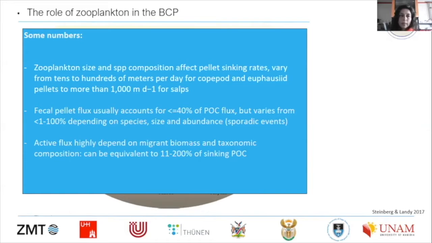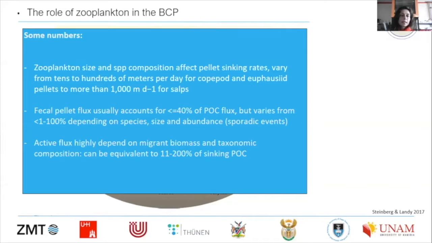The fecal pellet flux usually accounts for less than 40% of particulate organic carbon flux, but it varies extremely with the region or the season. So it can be less than 1% or even up to 100% of sediment traps, depending on species, size, and abundance or region. So those can be very highly sporadic events.